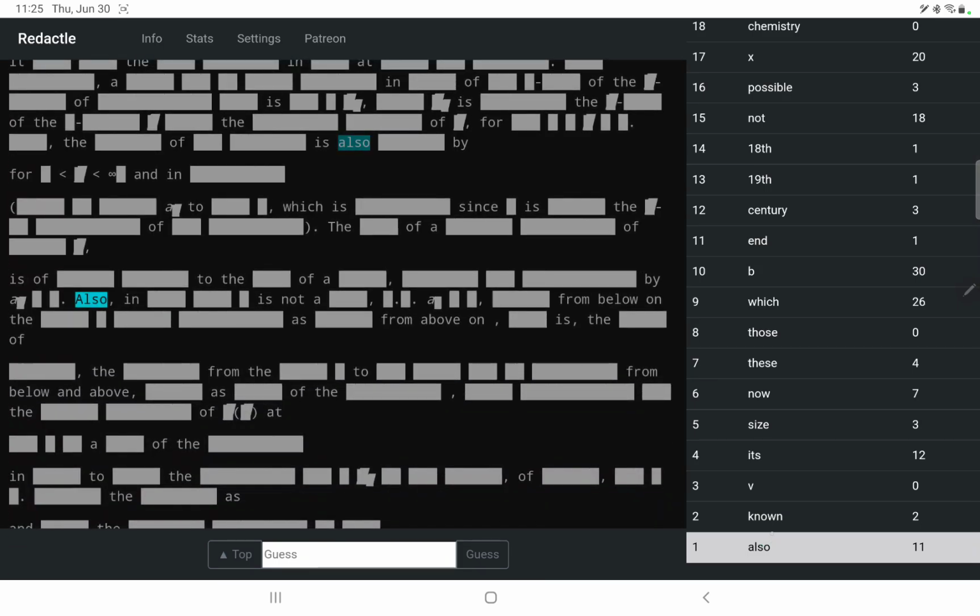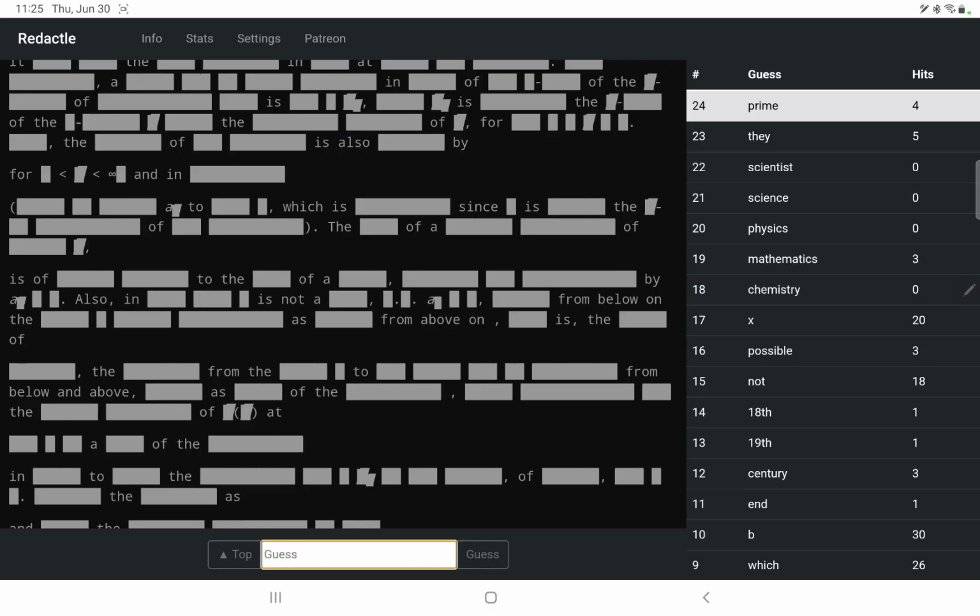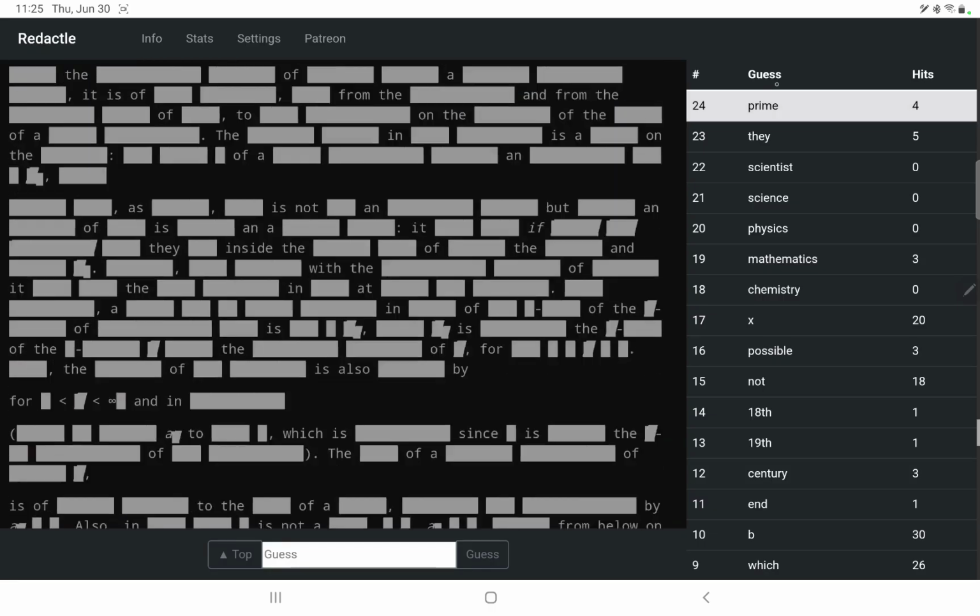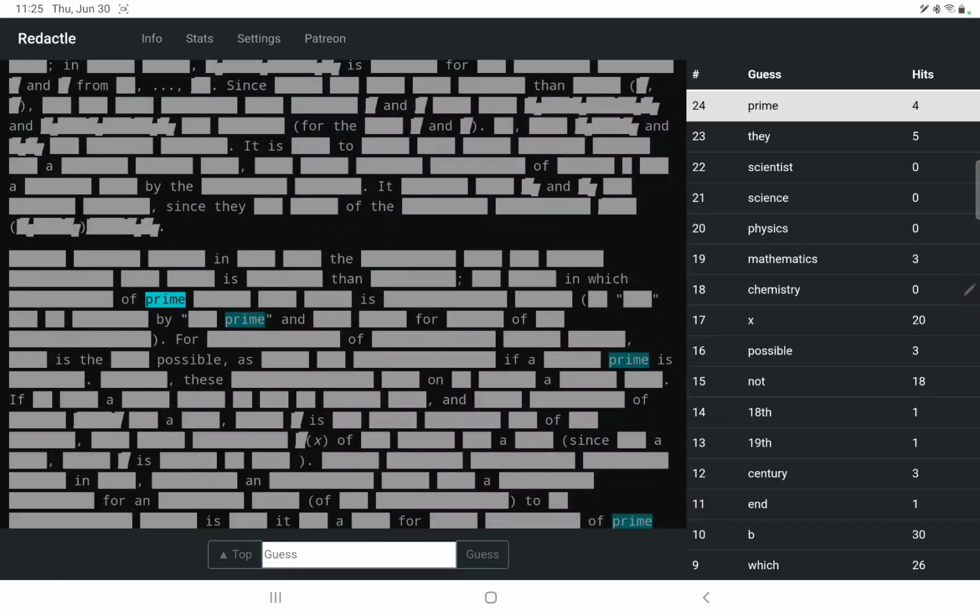Also in something is not a whatever. I don't think it's prime. I think it's 4 letters. There are some primes though. Prime, let's try factor and factors. 2 of each.